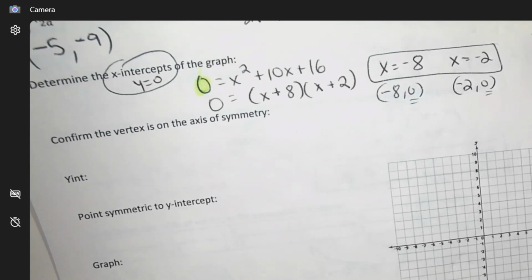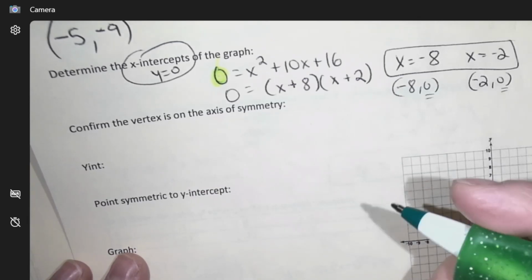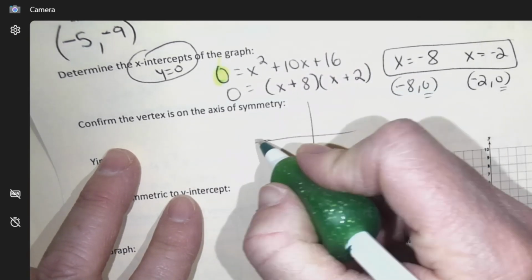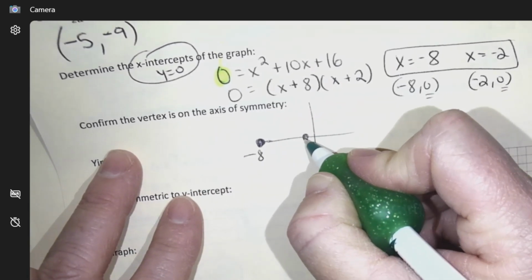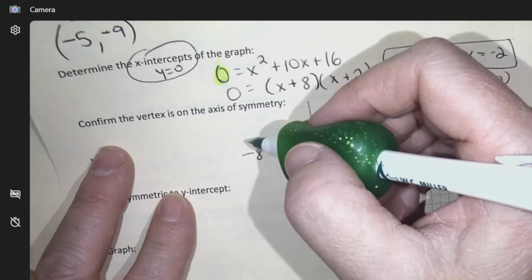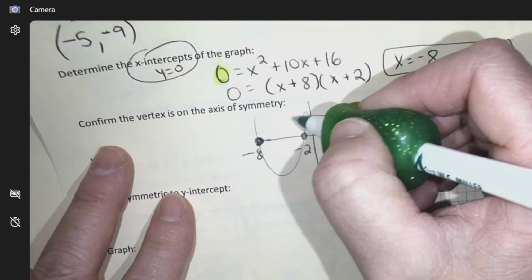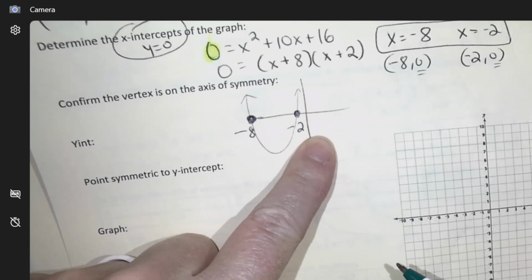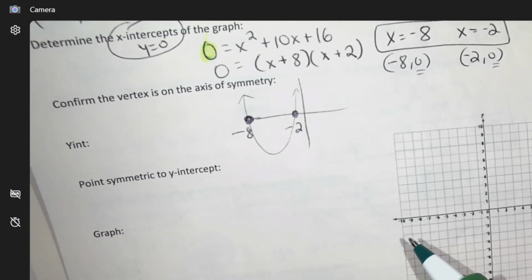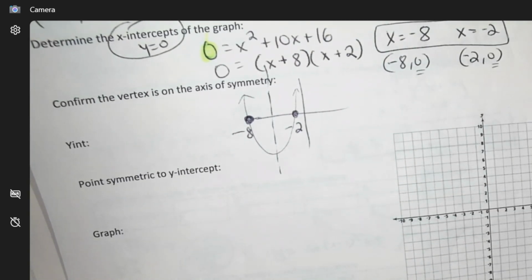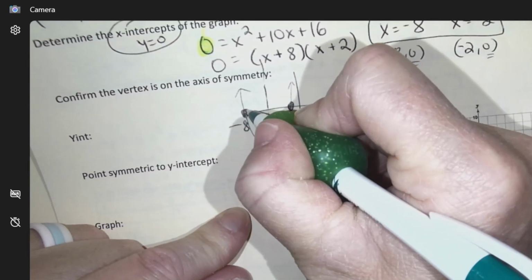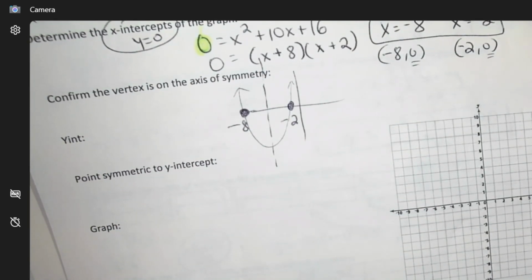Y is 0, right? Okay, confirm the vertex is on the axis of symmetry. So do you remember this? If we have an x-intercept at negative 8 and an x-intercept at negative 2, what do we know about the vertex relationship? The vertex will have to be cutting through the middle of that, right? Because these are symmetric partners. Whenever you have a symmetric partner, that axis has to be in the middle of it.